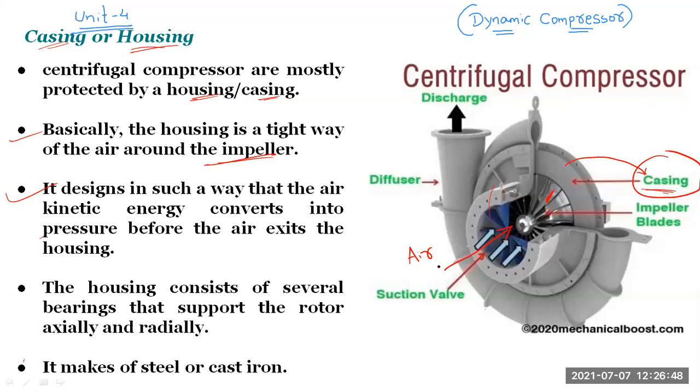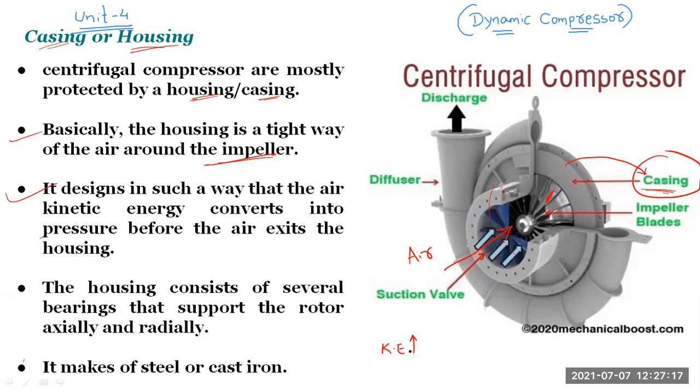Then this air will strike the impeller blades. Since these impeller blades are rotating, this air will also start rotating. And when the air rotates, the kinetic energy of the air will increase. Then surrounding or outside of this impeller, this housing or casing will be there.